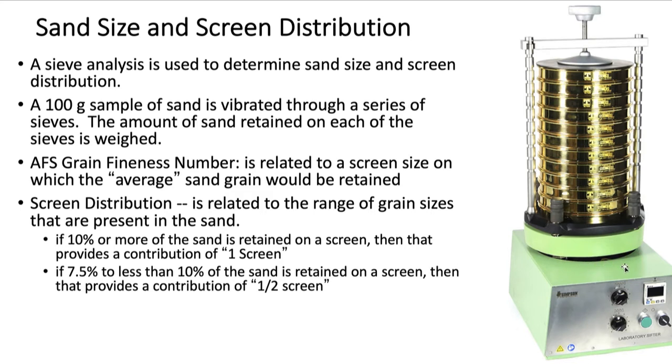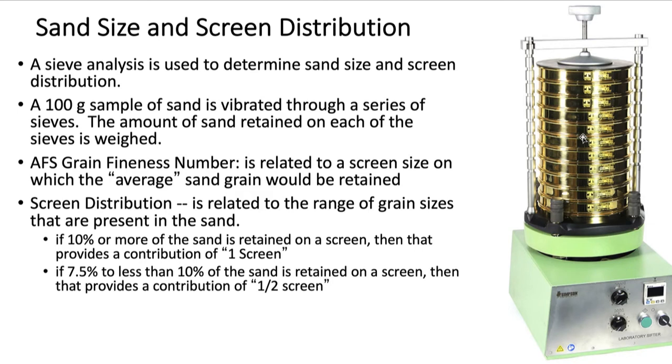And eventually, the sand will be distributed on these different sized sand meshes. So basically, each one of these has a slightly different grid size, little wires in there, and that screen then allows different size sand grains to fall down. And if they make it all the way to the bottom, that means it's a really fine sand. And if it makes it part way down, it's a coarse sand.